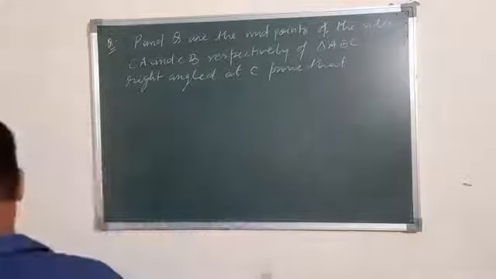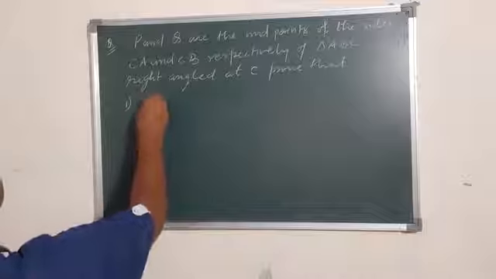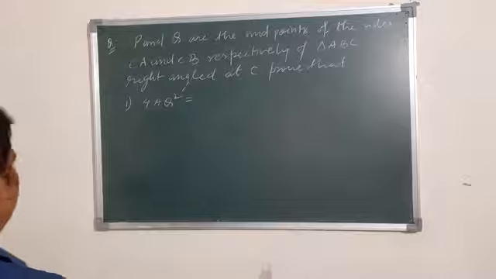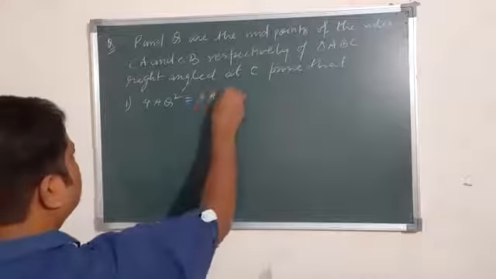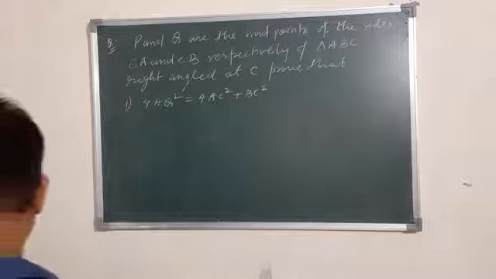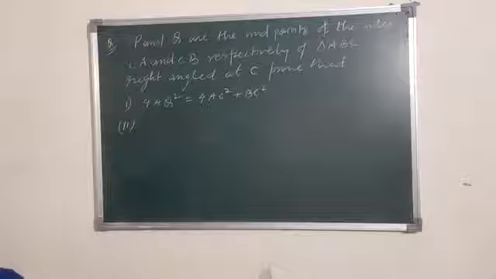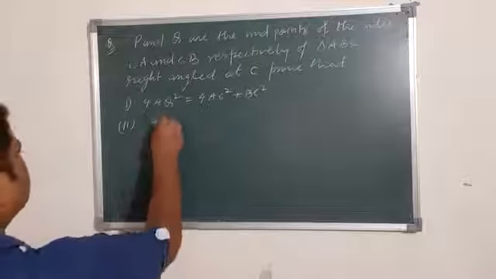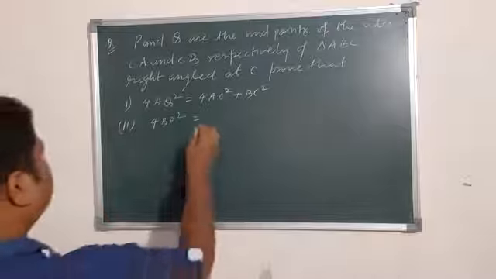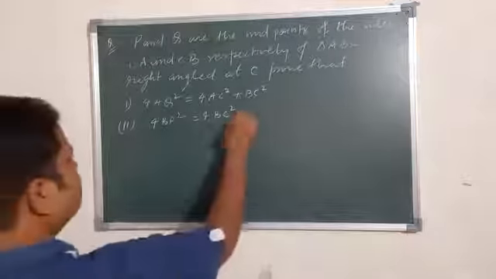The first result: 4AQ square is equal to 4AC square plus BC square. This is the first result. Second result is 4BP square is equal to 4BC square plus AC square.